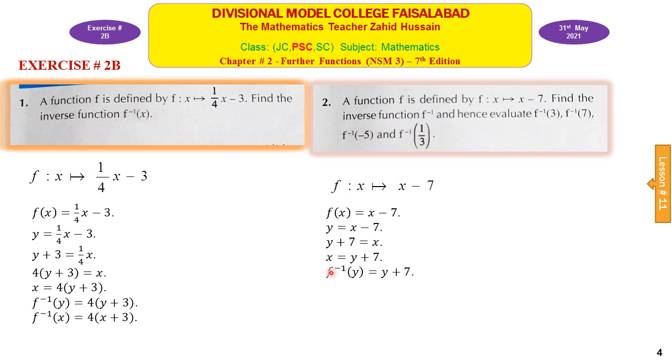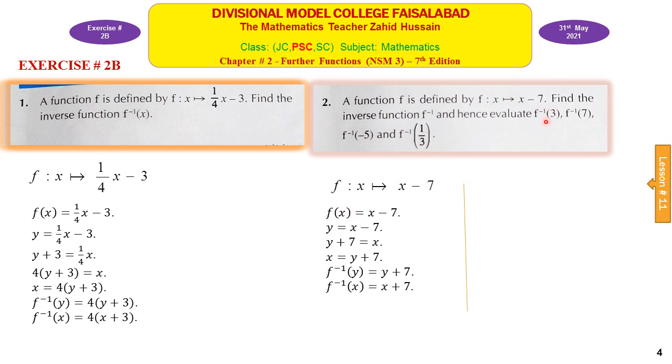We can write this as x is equal to y plus 7 and replace this x by f inverse y, and we get f inverse y is equal to y plus 7. Now after this third step, we will replace all y's by x. f inverse x is equal to x plus 7. This is the inverse function for this given function.